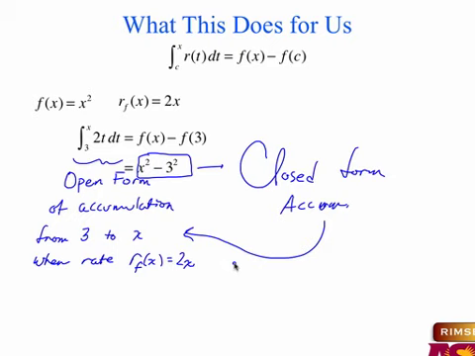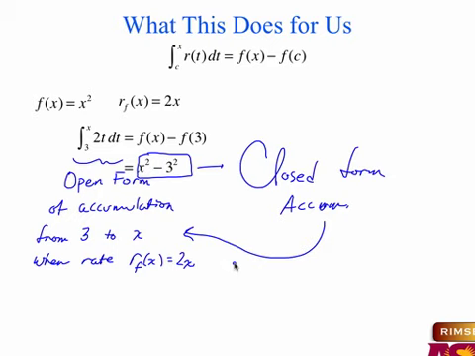So this is the last piece of the puzzle that we didn't have. At the whole beginning of the course, we were able to get the open form accumulation from rate. But now that we know how to get closed form rate from accumulation, we also know how to get closed form accumulation from rate.